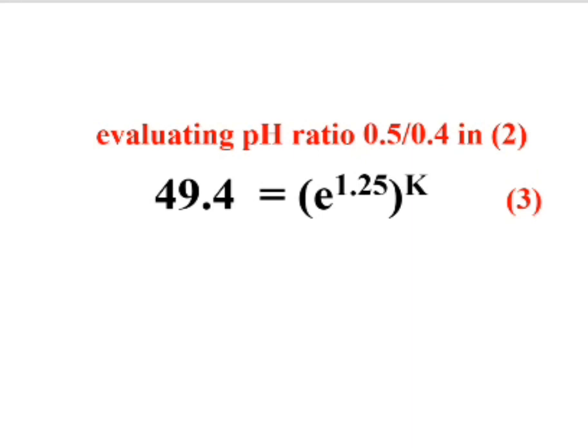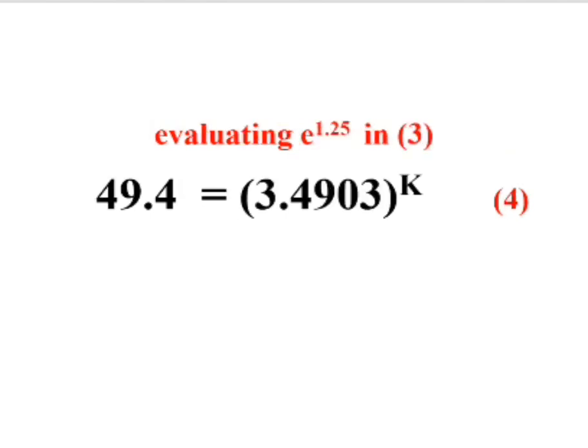And if we evaluate the pH ratio 0.5 divided by 0.4, we're going to get 1.25. And so equation 3 will now be 49.4 equal to exponential 1.25 raised to power k. And then the evaluation of exponential 1.25 will give us 3.4903 to power k.